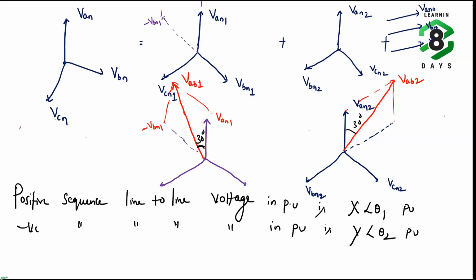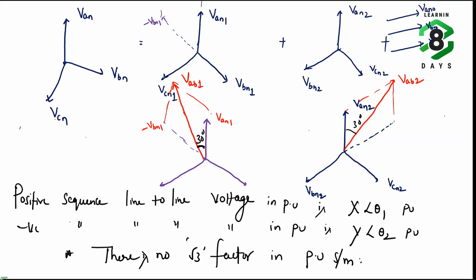Very, very important point. There is no root 3 factor in per unit system between line to line voltages and phase to neutral voltages.